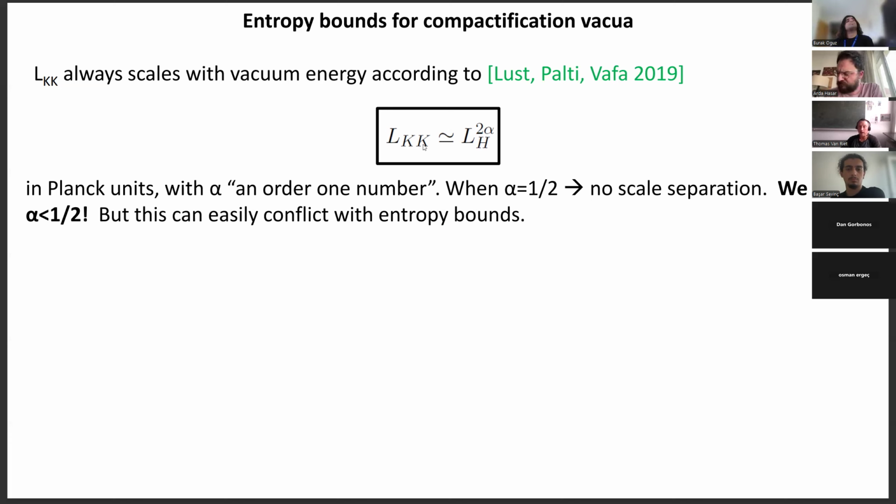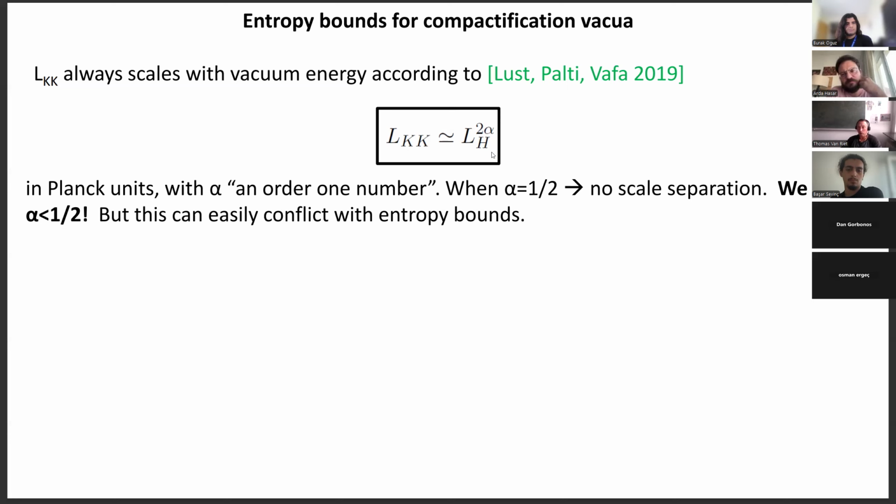We say that L_KK goes like L_Hubble to the 2 alpha. Let's take the most famous example, alpha equal 1/2. In such a case, L_KK is the same as L_AdS, and that's like AdS5 cross S5. So if you want scale separation, if you want the universe where the KK length scale is much, much smaller than the Hubble scale, this number alpha should be smaller than 1/2.